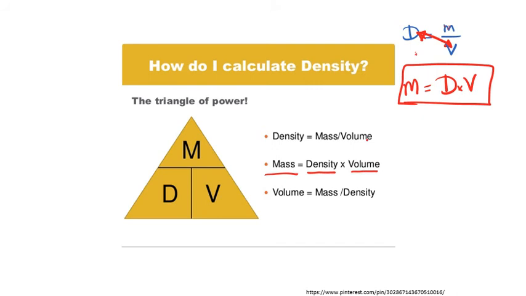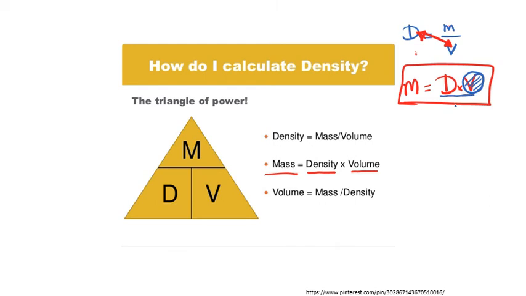So you should learn how to rearrange the equation. Assume that I'm going to work with the volume. I need to isolate volume. I need to keep volume here, so I have to remove D here.